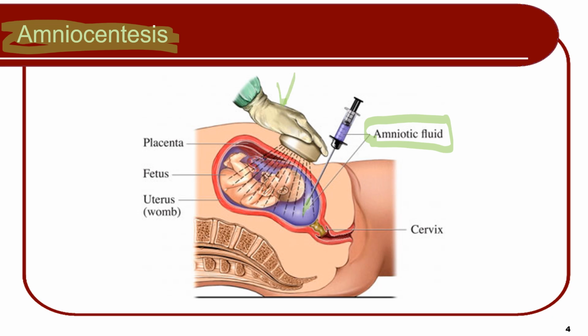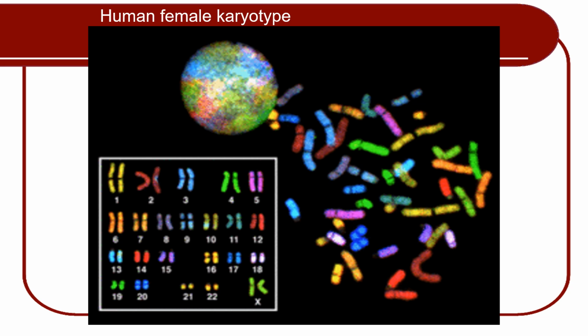This here is, they use an ultrasound to locate the position of the fetus so that when they put the needle in, they don't hit the fetus, that they know they're just hitting the sac. And so from those, they can produce a karyotype.